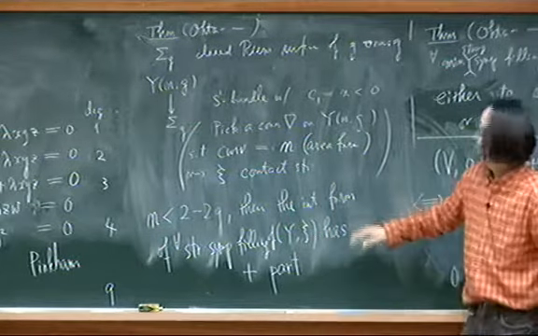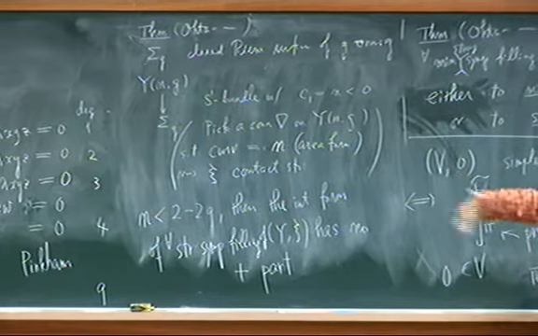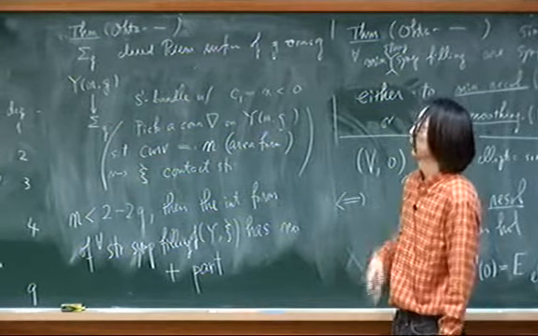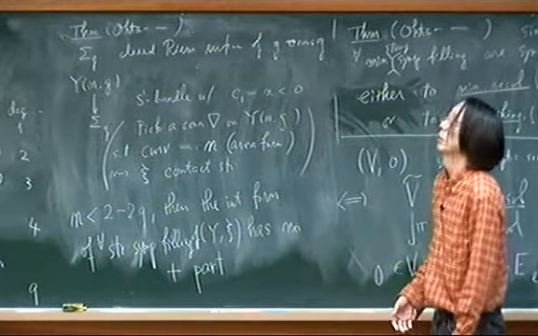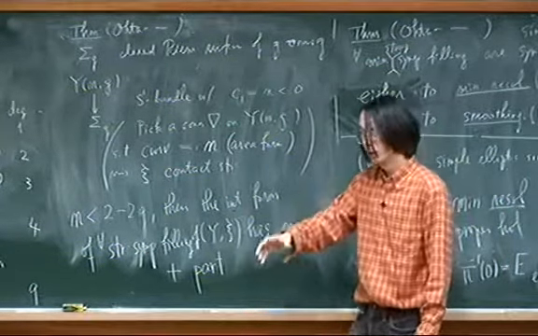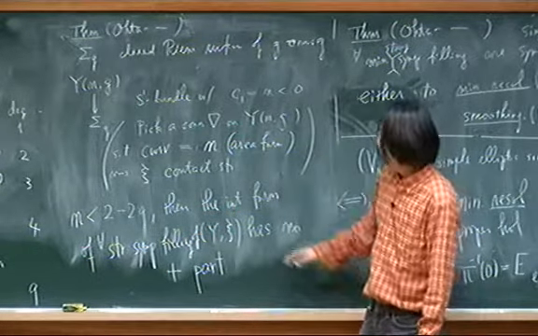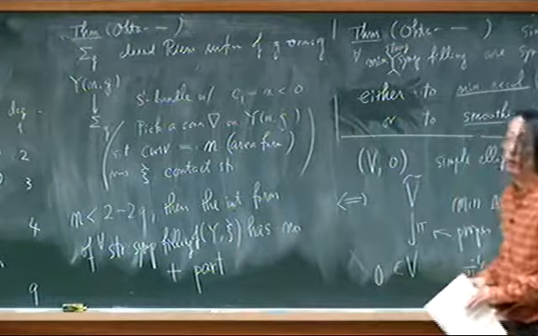So the intersection form is a symmetric bilinear form. Over the real numbers, you can diagonalize it, and then you have a positive part, a null part, and a negative part. So this statement says that the intersection form has no positive part.